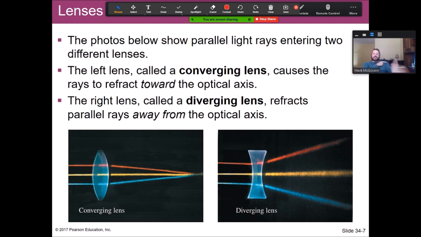You have an object that forms an image, then that image becomes the object for the second surface, then you have an image there. Okay, for the thin lens approximation, we cut out the middleman there and say, well, we don't have to worry about that because those are not going to be very different from each other. But on Wednesday, it won't be that way. We're gonna say, you know what, it's not that bad. Let's do it, and then we'll do it.